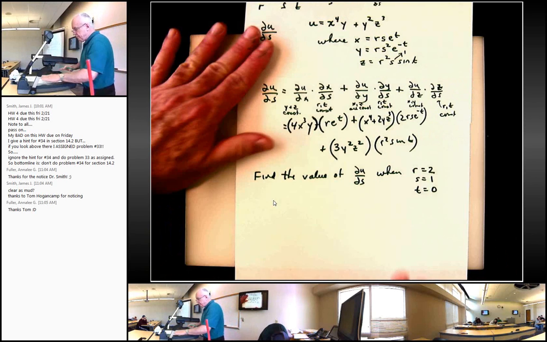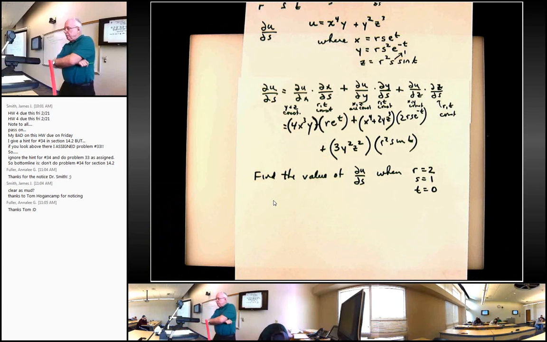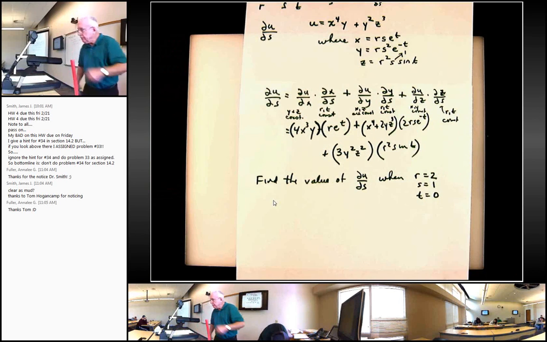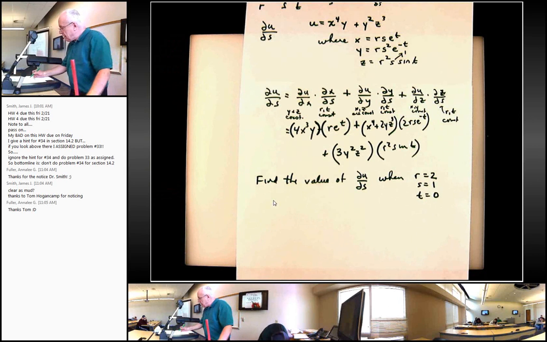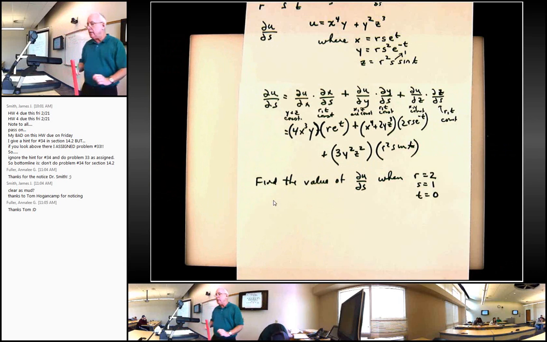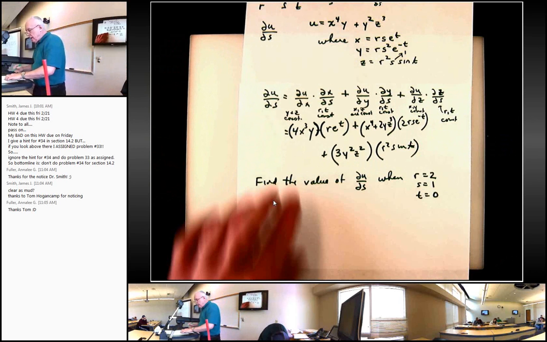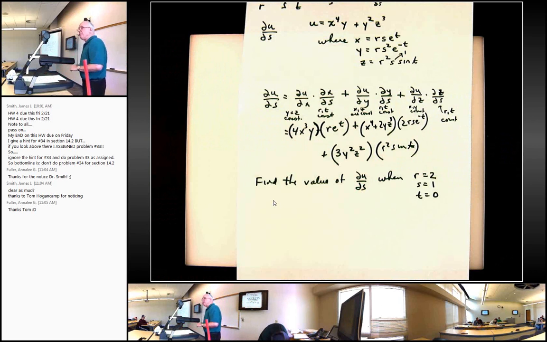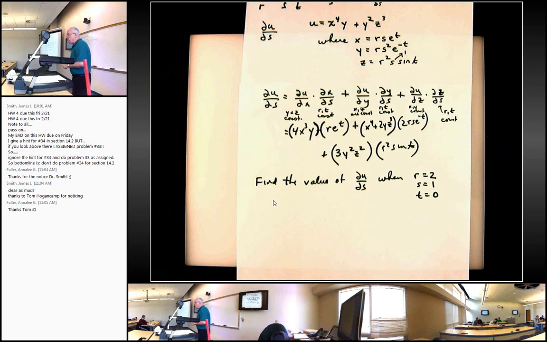All right. Now, basically, we do have a lot of r's, t's, and s's in there that we can just plug in. But we also have x, y, and z that we have to find values for. Okay?